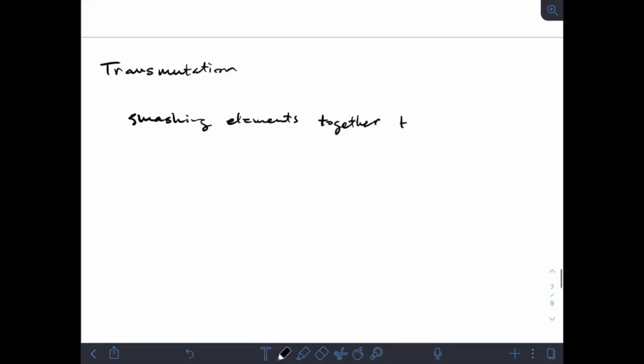So our next topic here is called transmutation. Which to me always sounds like something that an alchemist would do, transmuting lead into gold. But in our case, in modern science, essentially what we're doing is smashing elements together in particle accelerators to make new elements.